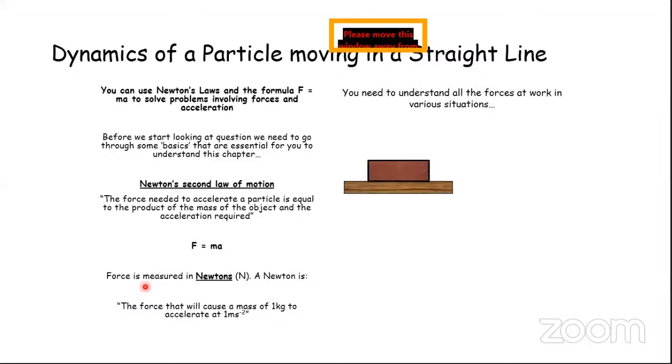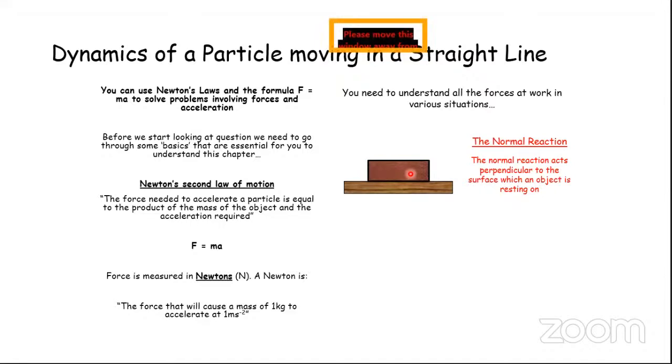So let us begin with a simple illustration here of a body resting on a surface. So this body will have some forces acting on it. So we are beginning with the reaction, the normal reaction.